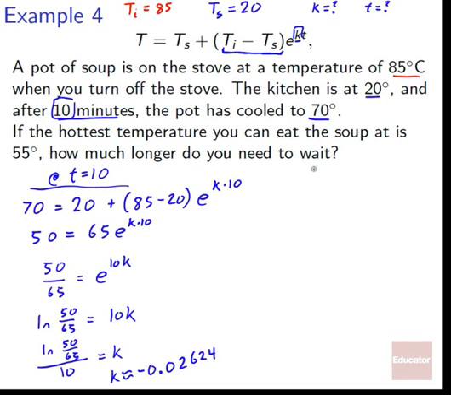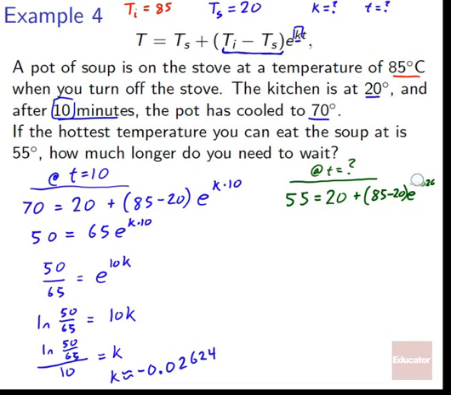So we want to figure out at t equals what do we wind up having a temperature of 55 degrees, because at that point we'll be able to eat our soup. So at 55 temperature, we know we'll have surrounding at 20 plus initial temperature was 85 minus 20 times e to our constant, negative 0.02624.